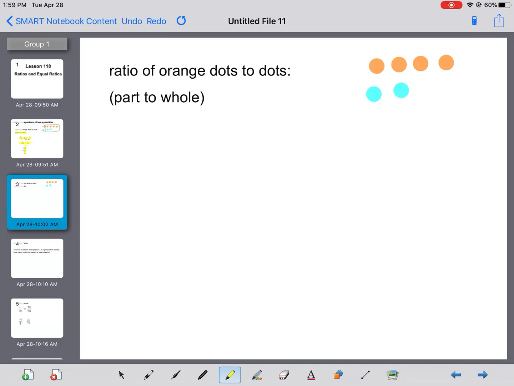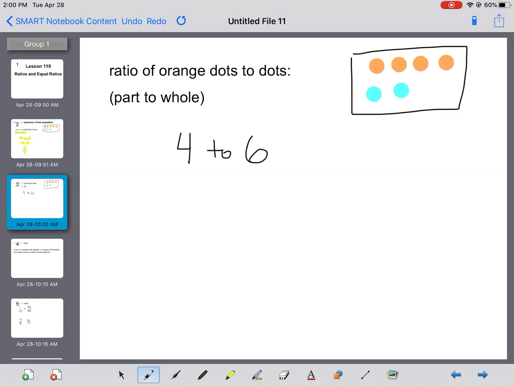Okay, but the second one that we're going to look at is you can also use ratios to show part to whole. And this is what that means. So now, instead of comparing orange dots to blue dots, I'm going to choose one of the colors. So I'm going to choose my orange dots, and I can say I have 4 orange dots to 6 total dots.